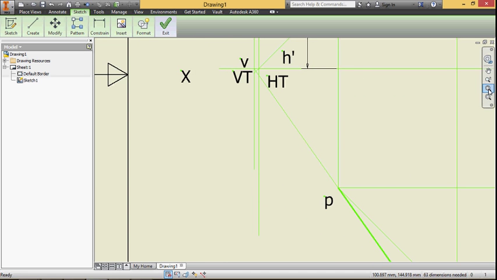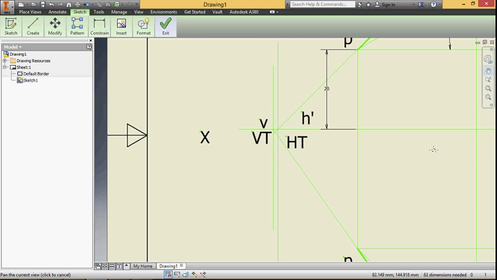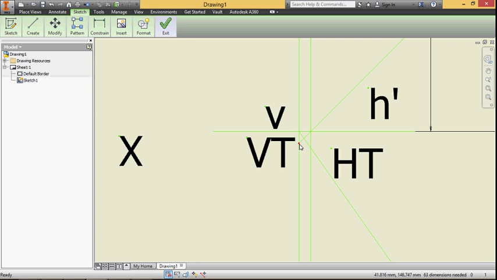So this point is the vertical trace and this point is the horizontal trace. v is the top view of the vertical trace and it will be on the reference line. H dash is the front view of the horizontal trace, and that will be on the reference line. The distance between the projectors through the horizontal trace and vertical trace is 1.213 millimeter.